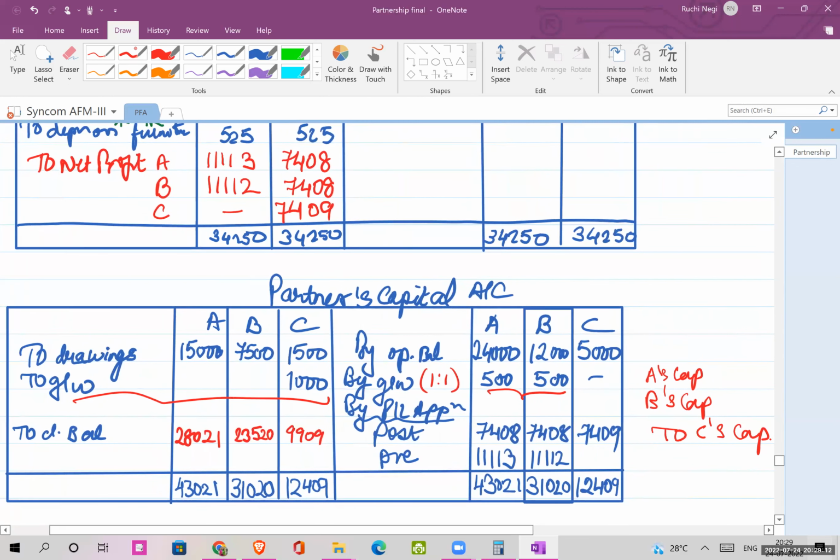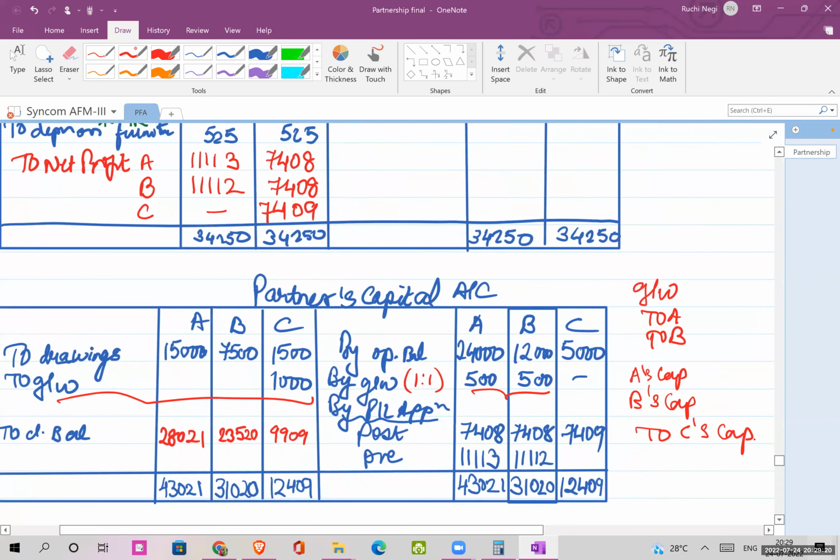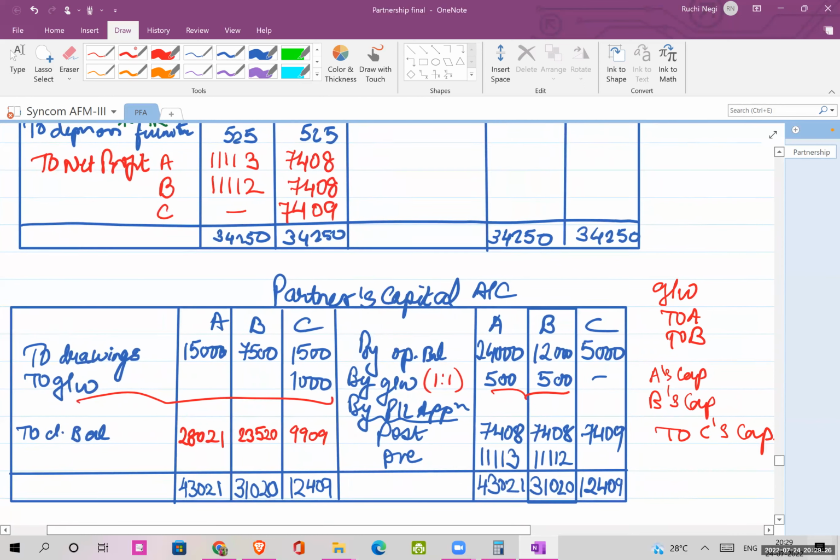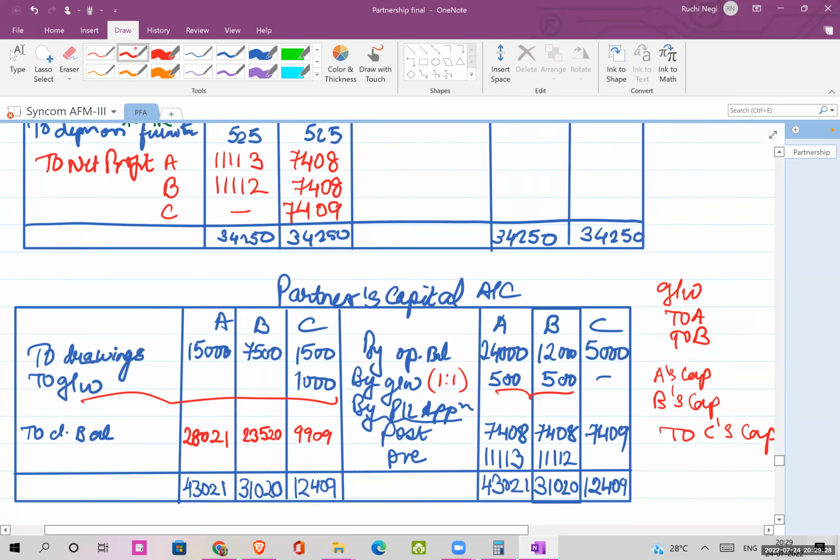Barabar? Actually, you can even go like this. Goodwill account debit to A to B, in their sacrifice ratio. Sacrifice ratio, new ratio nahi diya hai, so I'll assume my old ratio is equal to my sacrifice ratio. Okay, this is one.